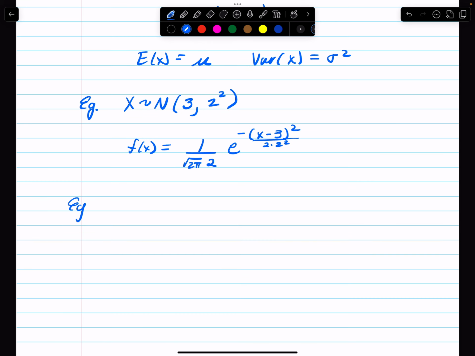Another example in the other direction: if the PDF for a continuous random variable is equal to 1 over the square root of 2 pi 7 e to the negative (x minus 2) squared over 2 times 7 squared, then we see that X is a normal random variable whose mean is 2 and whose variance is 7 squared.